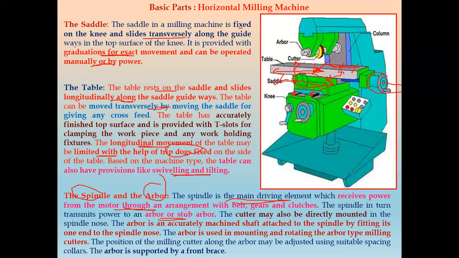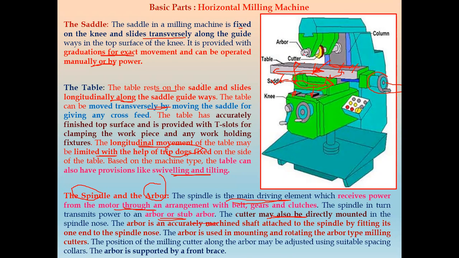Now the cutter may be directly mounted on the spindle nose, or sometimes the cutter is mounted on the arbor. It depends on which type of machine it is, horizontal milling machine or vertical milling machine. Now the arbor is a part that is accurately machined, with a shaft-like structure.